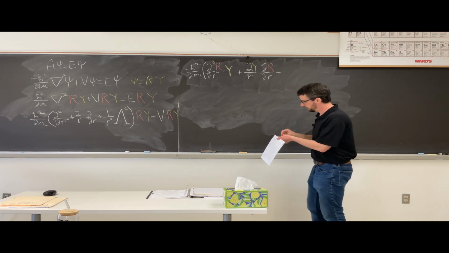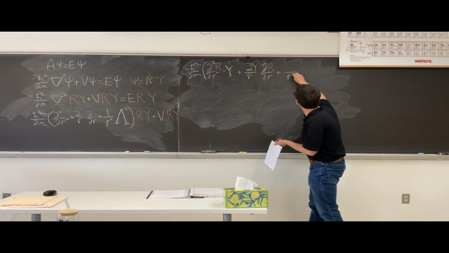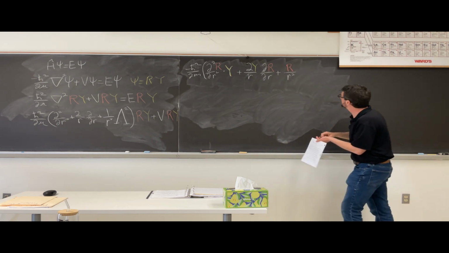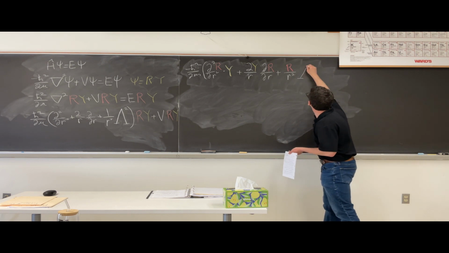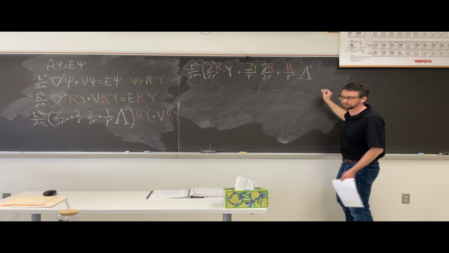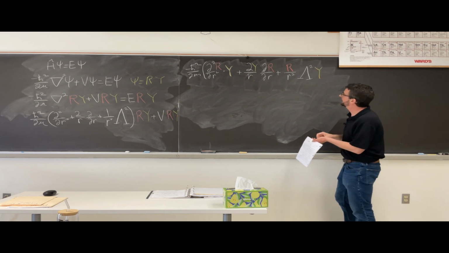So which 1 over r squared? Yeah. Because remember, what does that lambda depend on? Yeah, theta and phi. So we got Y in there.